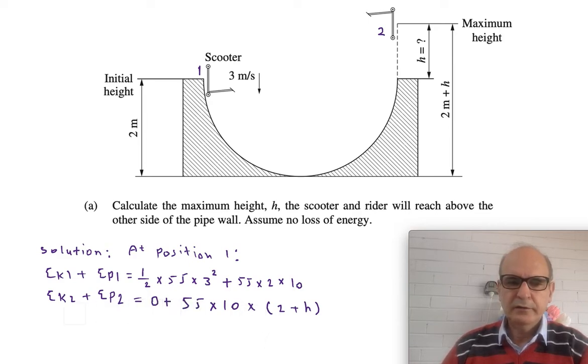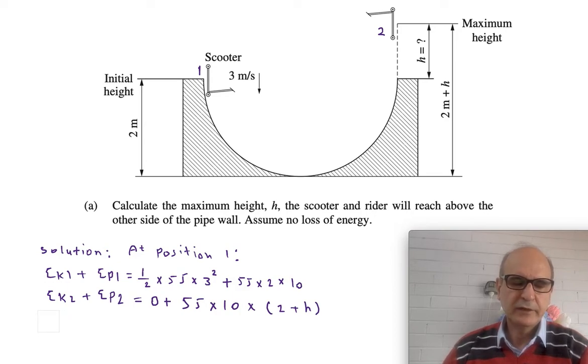All right, now the total mechanical energy at position 2 is this. The total mechanical energy at position 1 is that. And if there is no loss of energy, these two mechanical energies must be the same. So conservation of mechanical energy. The conservation of mechanical energy states that the amount of mechanical energy will not change if there was no loss of energy.